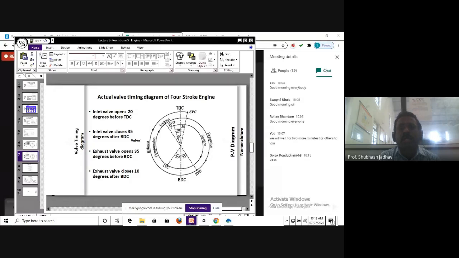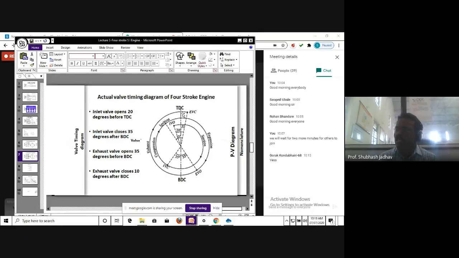But again, if you keep it minimum, the problem is that if you move the inlet valve opening towards the dead center, then the suction is going to be affected. If you move the exhaust valve closing to the top dead center, then the exhaust will not be completely happening. Whatever time is required for pushing out the exhaust will not be available.